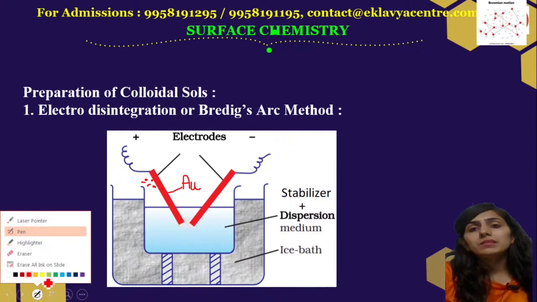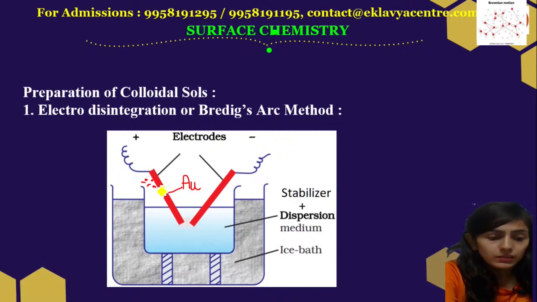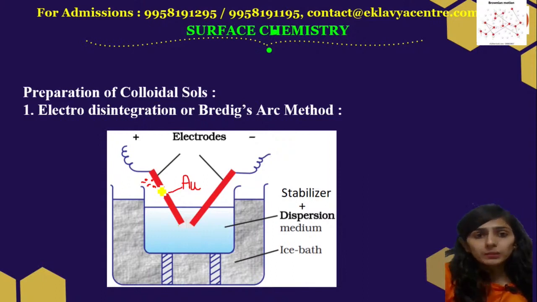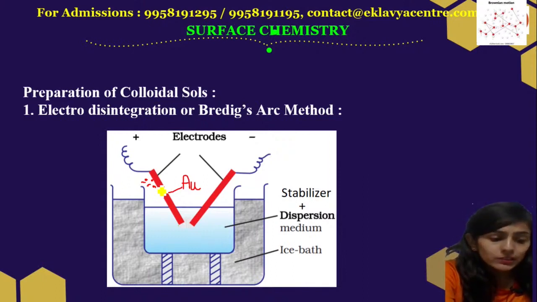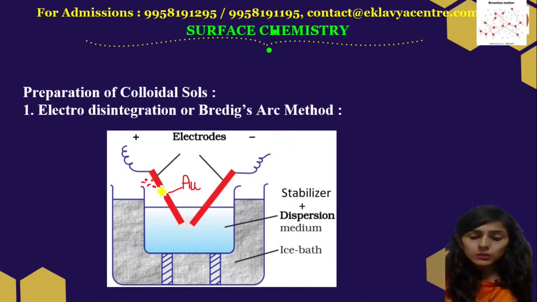Generally this method is used for metals like gold, silver, platinum, etc. This is called an electric arc, struck between the electrodes of the metal immersed in the dispersion medium. The intense heat converts the gold into vapors, and the ice bath condenses the vapors into the colloidal sol.